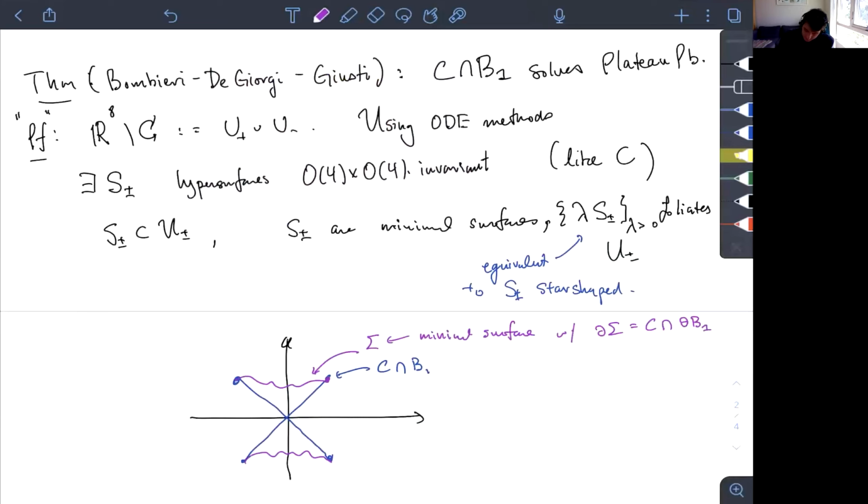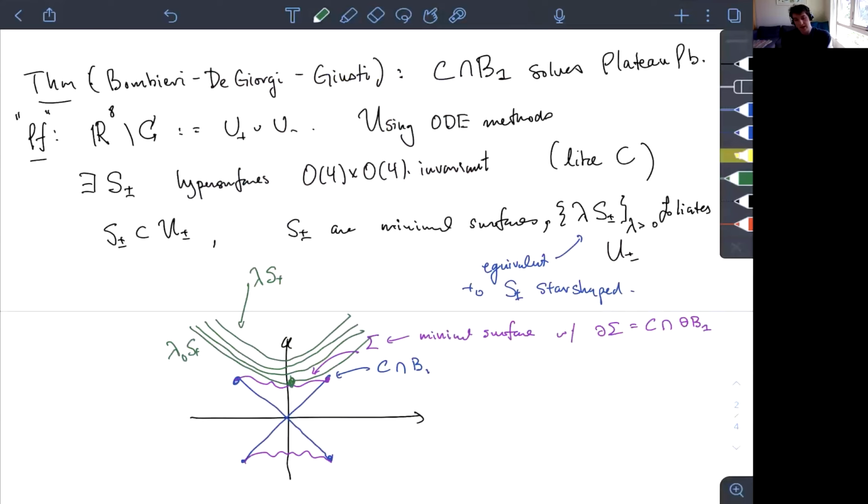Okay. And so then what should you do? You take lambda times S plus, let's say sigma sticks out into the S plus side. If lambda is very big, this will be disjoint from sigma. And then you start moving it down. You decrease lambda until you touch. So this is some lambda naught S plus, and there's some contact between sigma and lambda naught S plus.